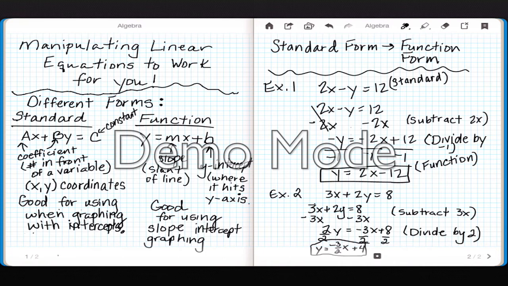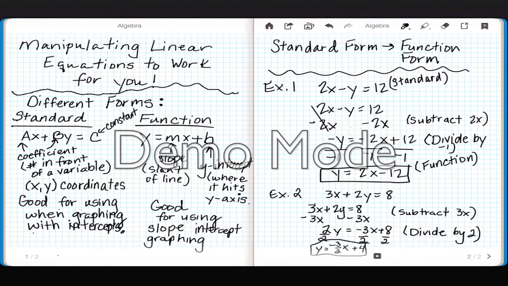So now all I have left is a 2y over here. And then I subtracted 3x from 8, but I can't do that because 8 doesn't have an x on it to subtract from. So I just set them right next to each other. I have a negative 3x plus 8. Then I want to get rid of this positive 2. It's being multiplied. So the opposite of multiplication is division.